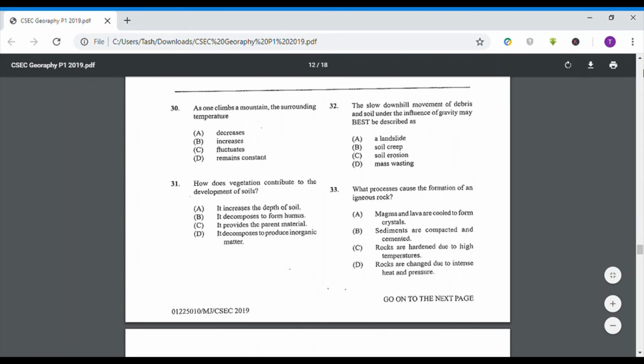There's sediments are compacted and cemented. Once you see sediments and compacting, that would have been a sedimentary rock. Rocks are hardened due to high temperatures, more of metamorphic, and rocks are changed due to intense heat and pressure, more of metamorphic as well. So the process causing the formation of an igneous rock would have been A, magma and lava are cooled to form crystals.